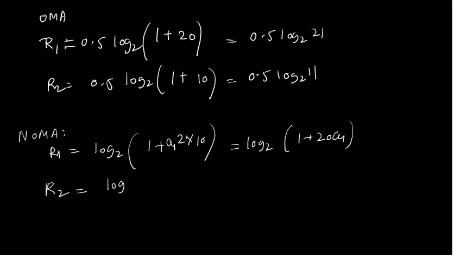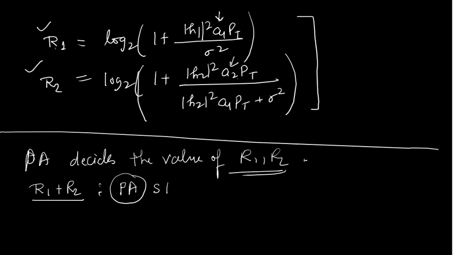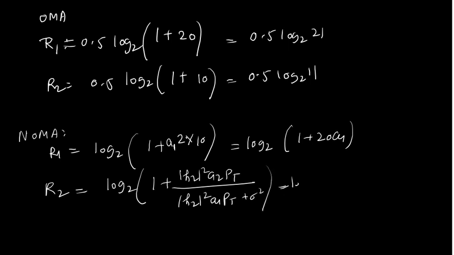And R2 is log 2 1 plus mod of H2 square A2 PT divided by mod of H2 square A1 PT plus sigma square, which is equal to log 2 1 plus 10 A2 divided by 10 A1 plus 1, since H2 square is 1 and PT by sigma square is 10. So just check it.